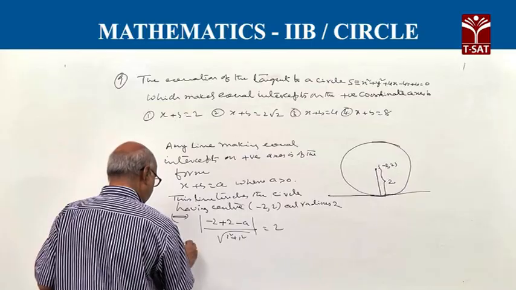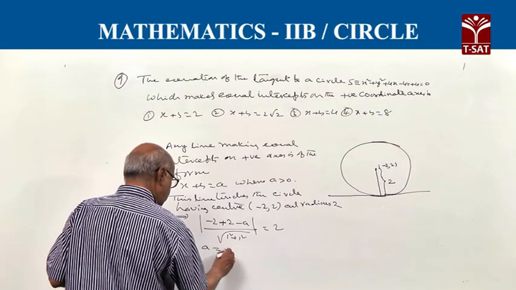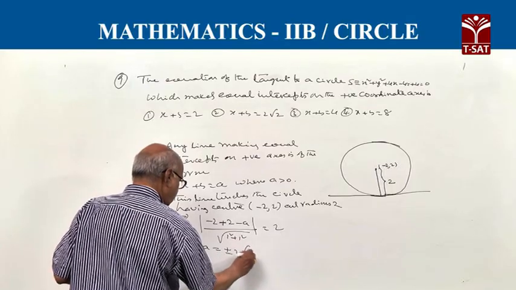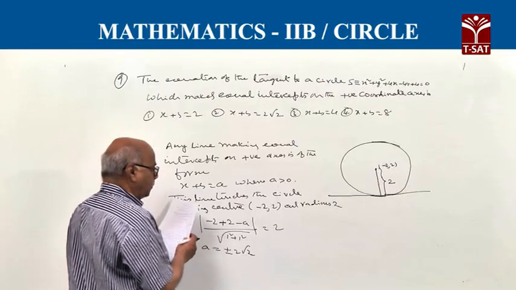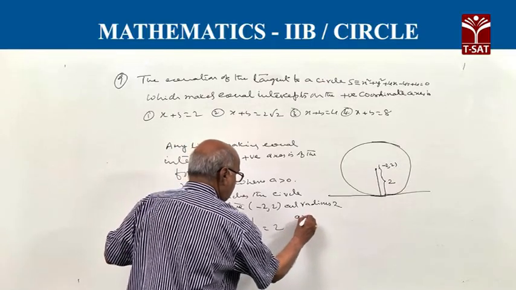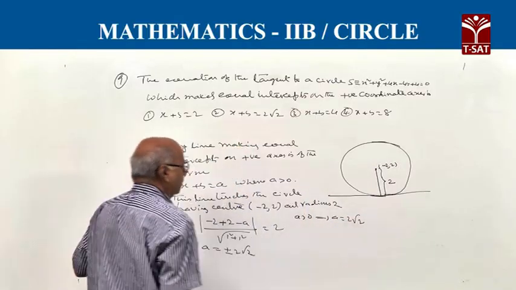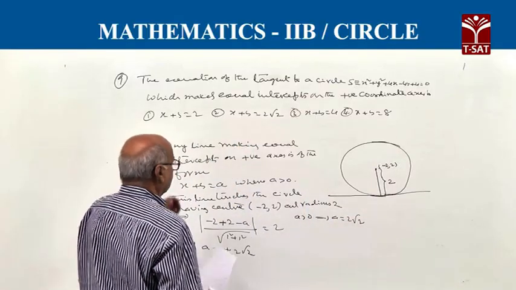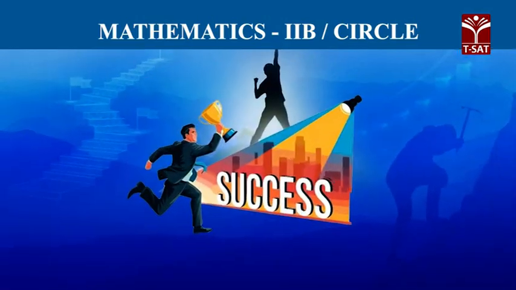So, therefore, what you get is a is equal to plus or minus 2 root 2. Since a is positive, a is equal to 2 root 2. So, the correct option is number 2.